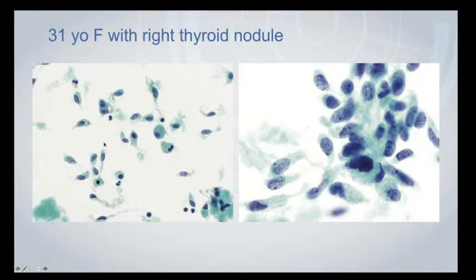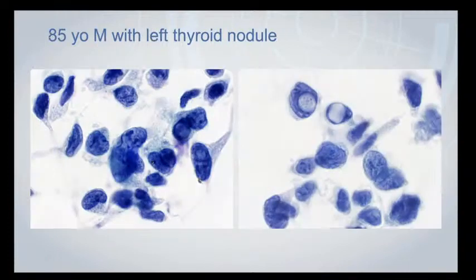Some of these cells in the spindled variants of medullary carcinoma are described as being comet-shaped, where the nucleus is at the head of the comet with a very long tail floating behind it. A very beautiful, apt description of some of these medullary thyroid carcinomas. And some of them can be somewhat pleomorphic in appearance.